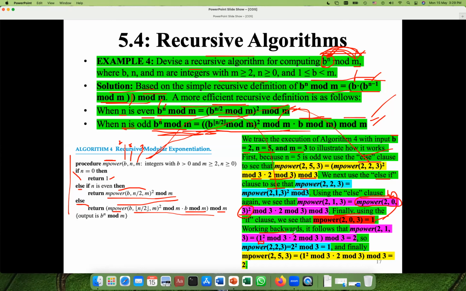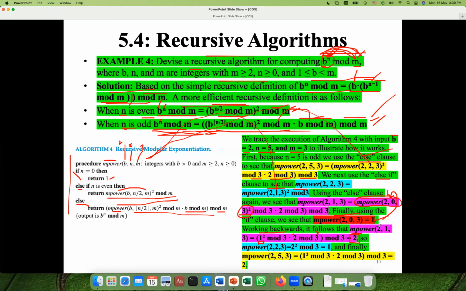When you have the word mod, it is focusing on the remainder. When you have the division symbol, it is focusing on the quotient. So this 2 mod 3, what will you have? 2. And then 2 mod 3 finally, what will you have? 2 again. That's why 2 is mentioned here.